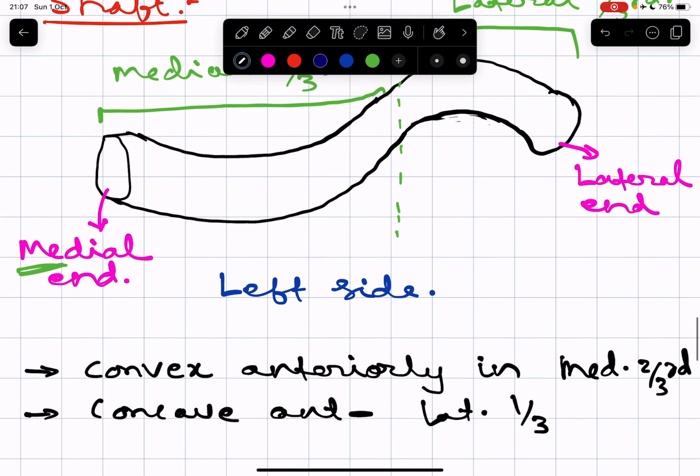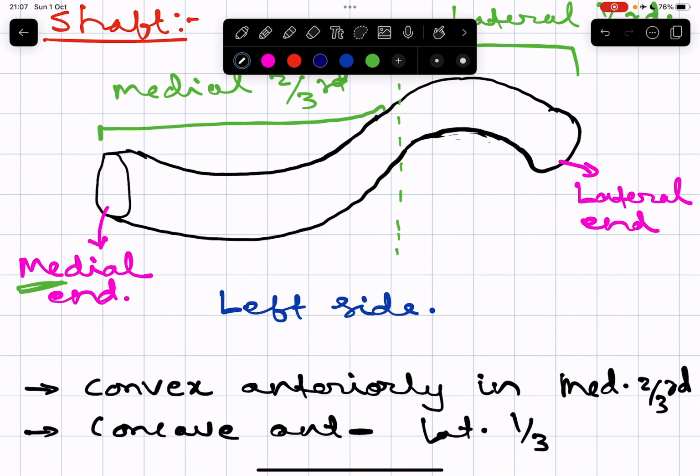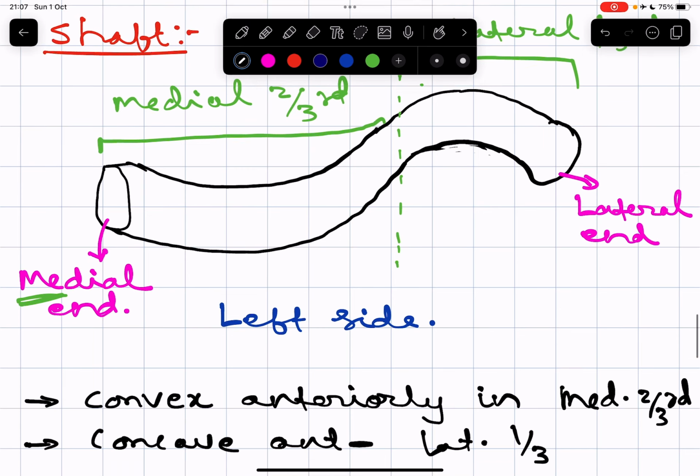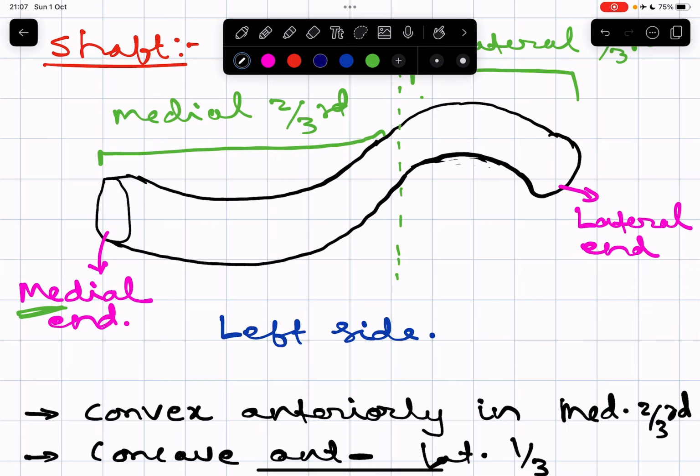So we are dividing the clavicle into three parts: the medial one-third, middle one-third, and lateral one-third. We combine the medial and the middle one-thirds together, so that's how you get the medial two-third and the lateral one-third. The medial two-third is convex anteriorly, and the lateral one-third is concave anteriorly.